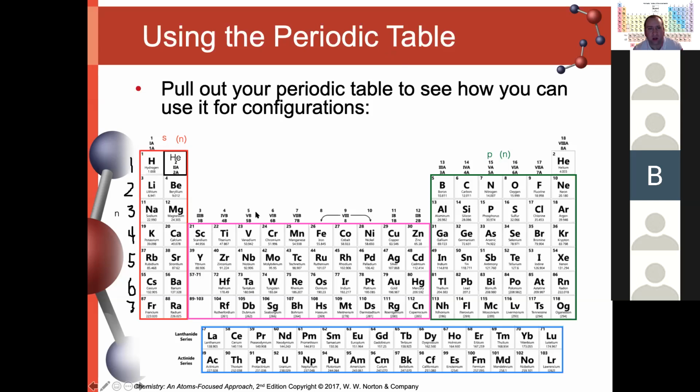In the middle here in hot pink are transition metals. These represent the D sublevel, and their representation in terms of energy level is always 1 off, n minus 1. So what I mean by that, scandium. Scandium is found here in the 4th row, the 4th period.